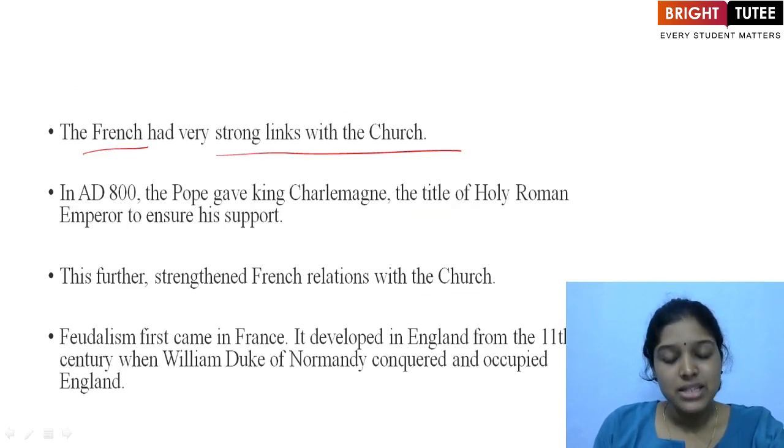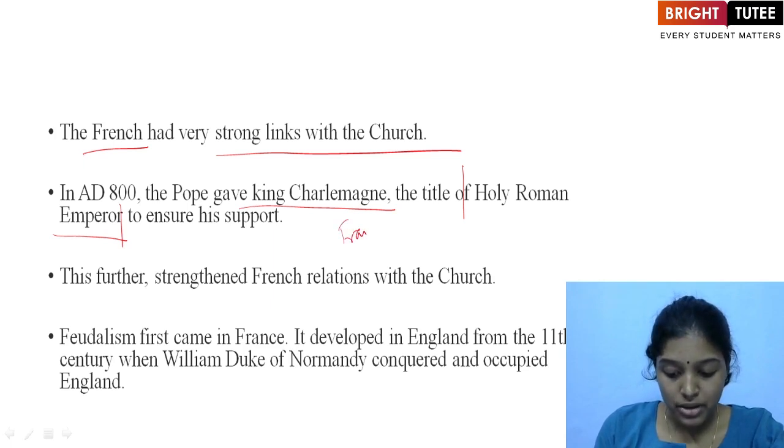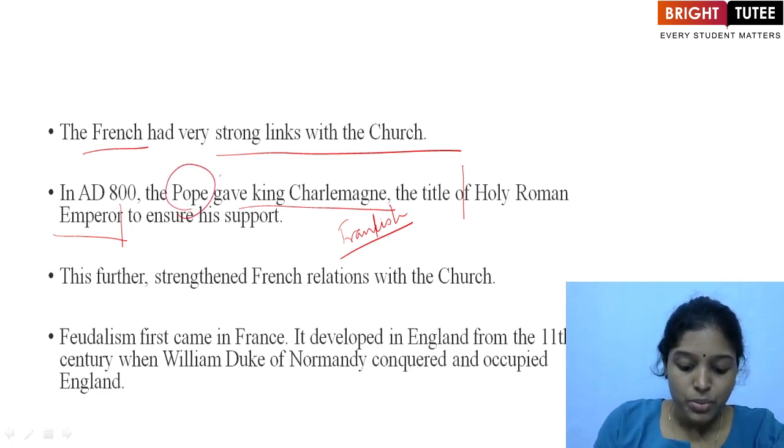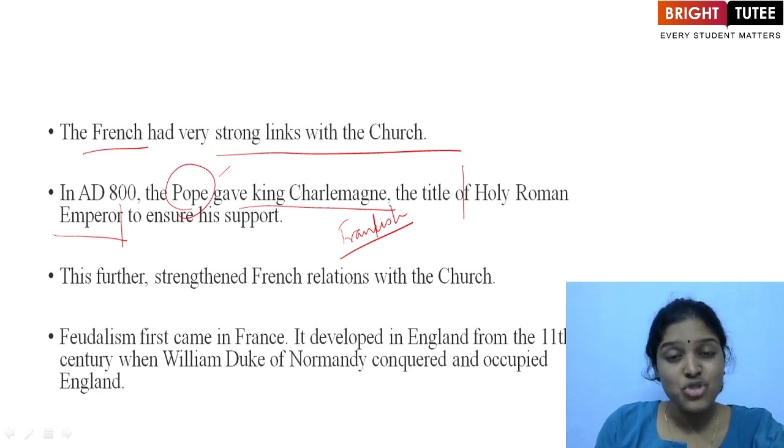In AD 800, the Pope gave King Charlemagne the title of Holy Roman Emperor. Charlemagne was one of the great kings of the Frankish Empire, and in 800 AD he received the title of Holy Roman Emperor from the Pope, who is the supreme head of the Catholic Church in the world.